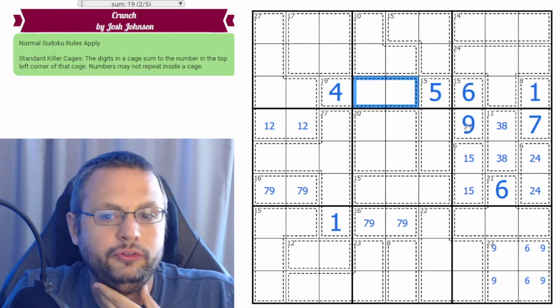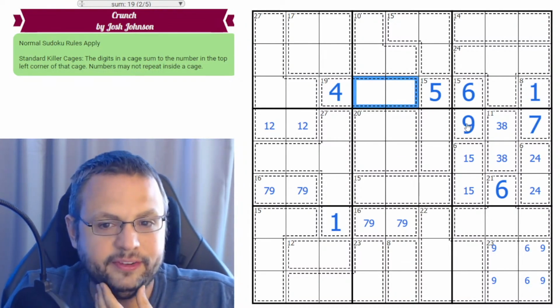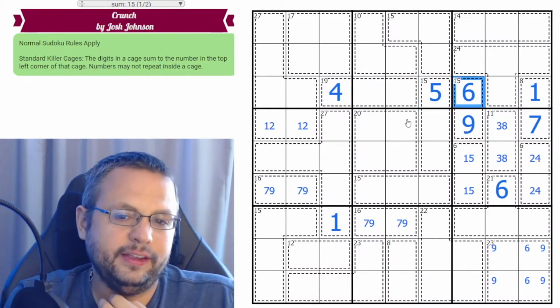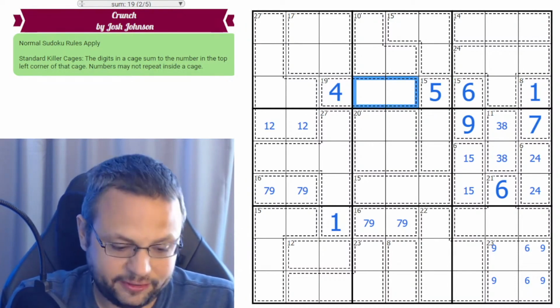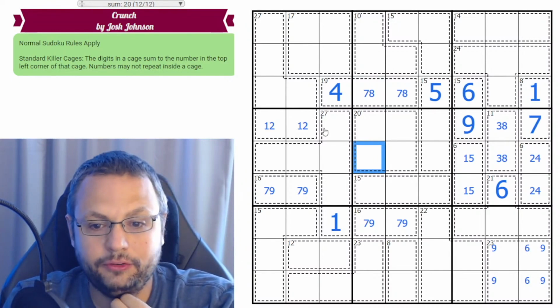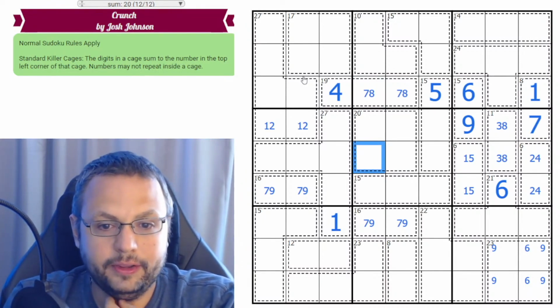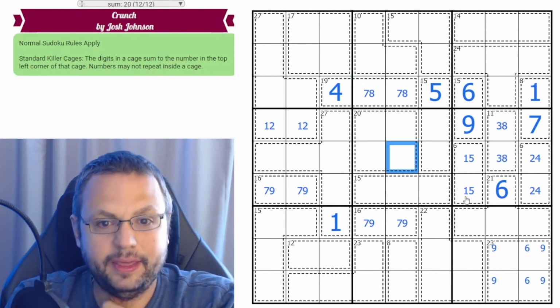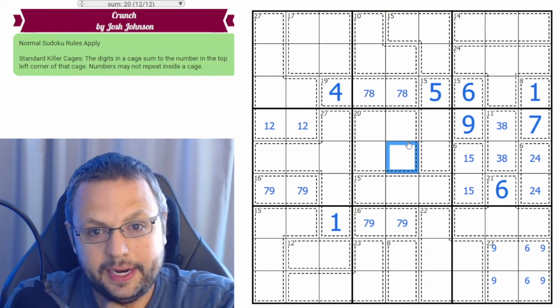But there's only two 2-cell 15 cages, and those are a 6-9 or a 7-8. But I can't use the 6 because there's already a 6 in the row. So this actually has to be 7-8 in order for that to work, which is pretty cool. So we get that 7-8 there for free.